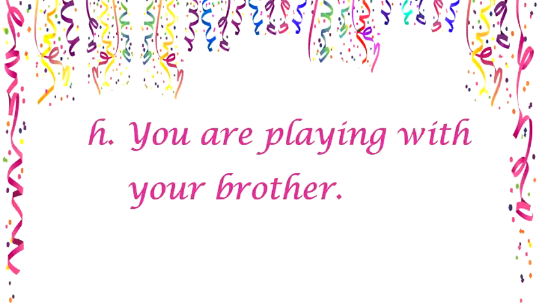Next we have, you are playing with your brother. Again, dear children, when you find your object, please see it should answer the question what or who. So playing is our verb, and if we ask, you are playing with whom? The answer is brother. So that means it is the object of a transitive verb.